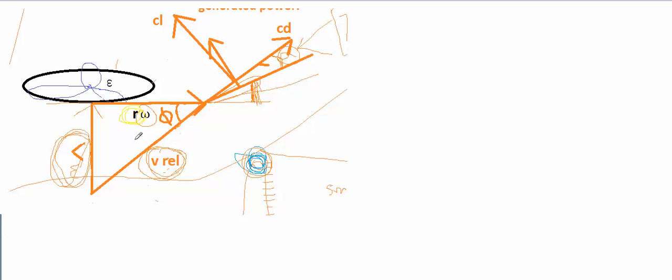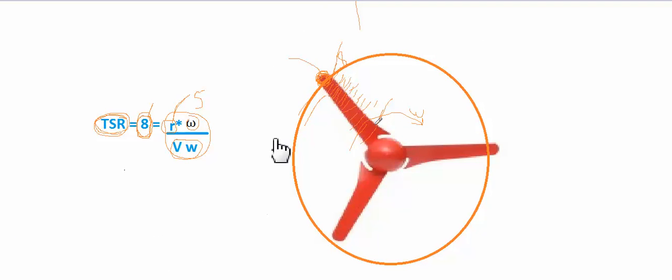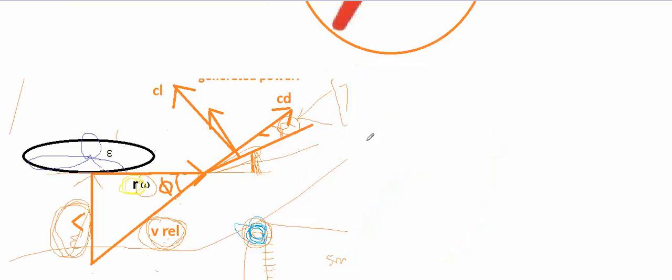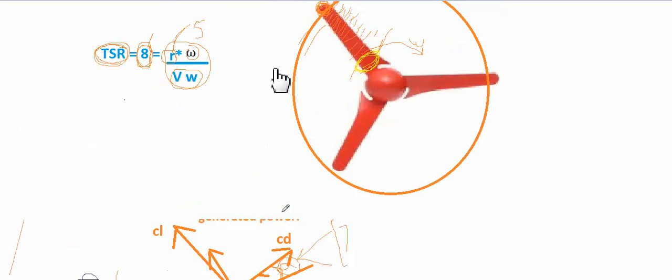Let this be the triangle which is representing the element which is located nearest. Say for example, this triangle is representing the element which is nearest to the axis of rotation.